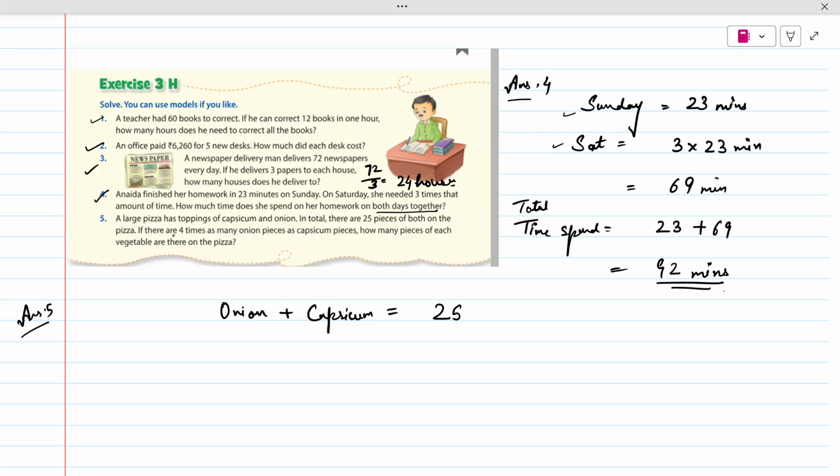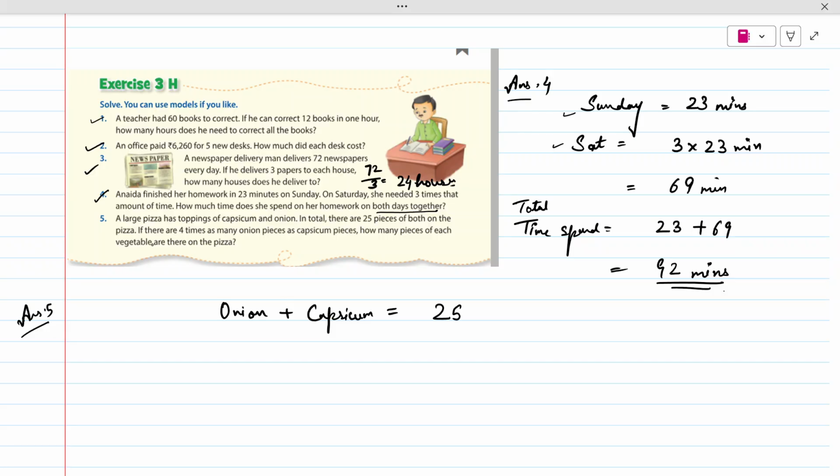If there are 4 times as many onion pieces as capsicum pieces, so that means for every one capsicum piece, we have 4 onion pieces. How many pieces of each vegetable are there on the pizza? So we have to calculate individually how many onion pieces and how many capsicum pieces are there.